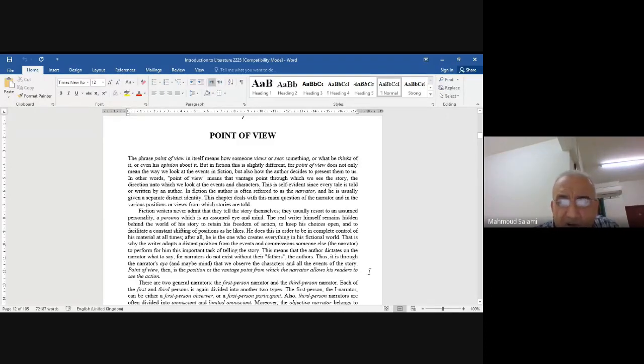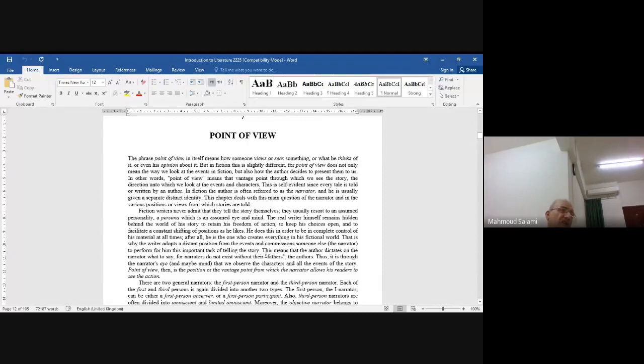Notice that's why the writer takes a distant position from the events or commissions someone else, the narrator, to perform for him the important task of telling the story in so many different ways. This means that the author dictates to the narrator what to say, for narrators do not exist without their fathers, the authors.